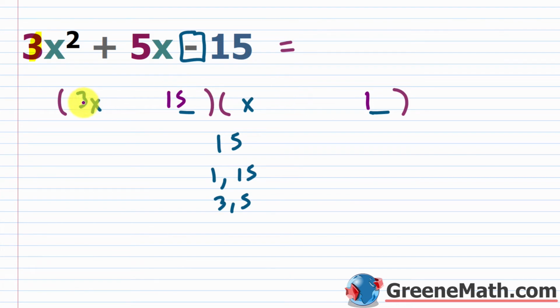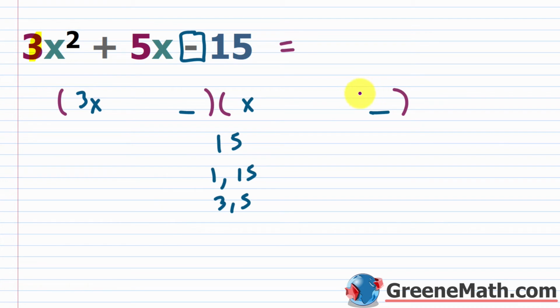So in other words, here you have 3x and you have 15. 15 is 3 times 5. So this binomial here on the left has a common factor of 3. That is not possible because there's not a common factor of 3 in the trinomial I'm trying to factor. So this can be excluded as a possibility. And in fact, using that rule there is going to speed up your work quite a bit.